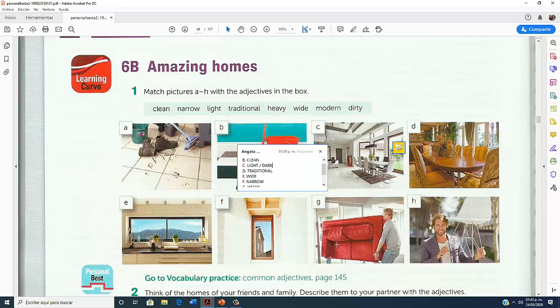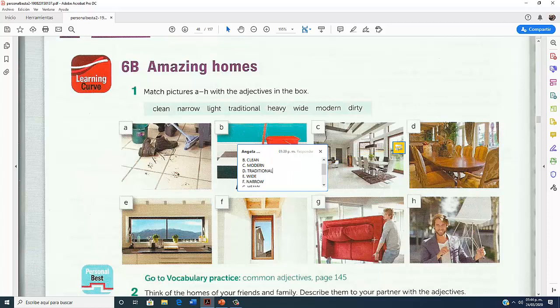I'm sorry. In letter C, I thought that the adjective to describe this living room was light, but since we don't have another adjective for this picture, here it could be modern. Why not light? Because light has two different meanings. Light could be, as I told you before, an illuminated place, or the opposite of heavy as well.